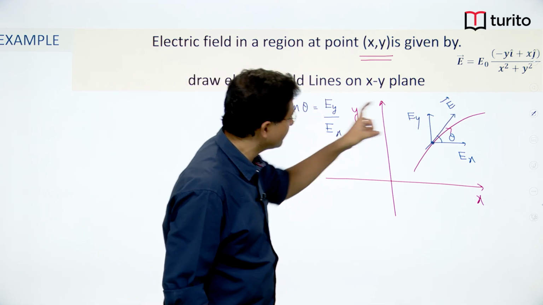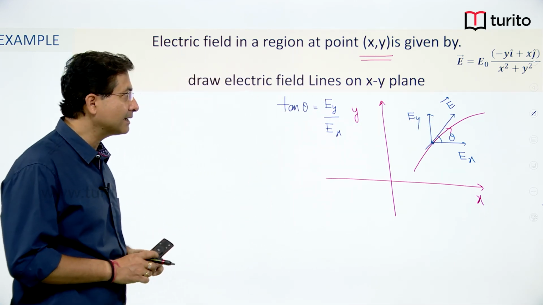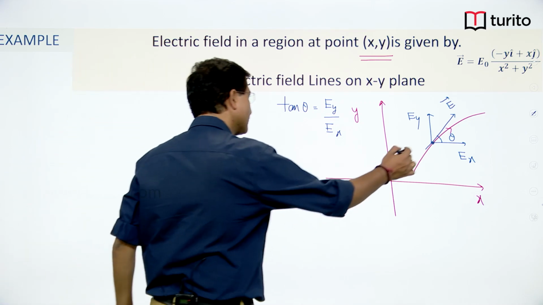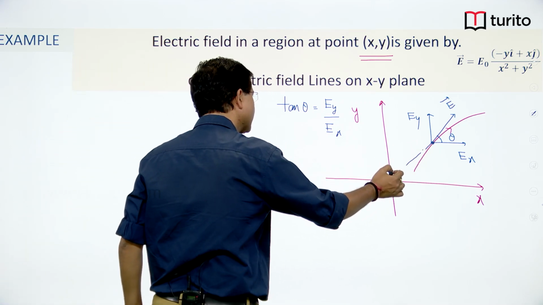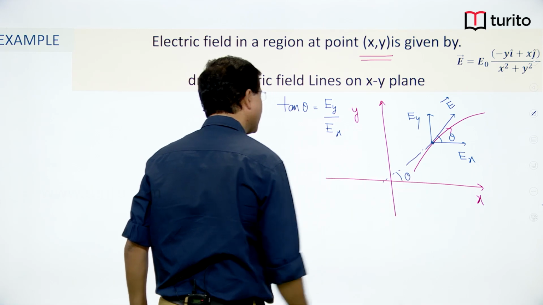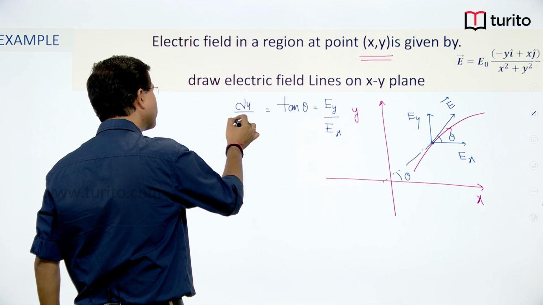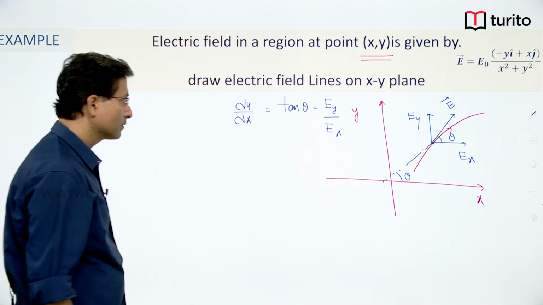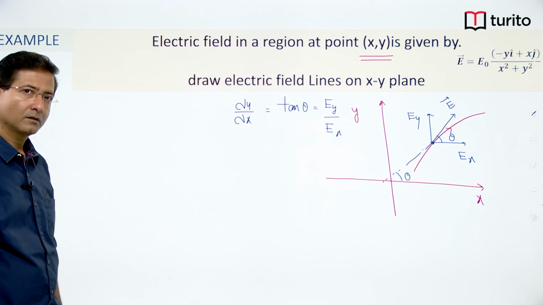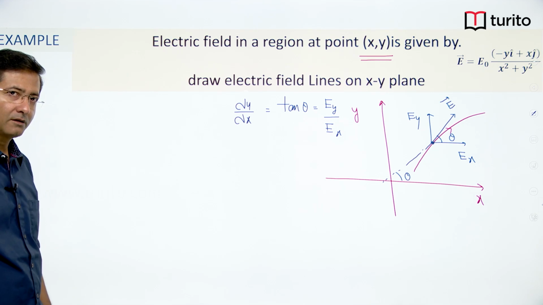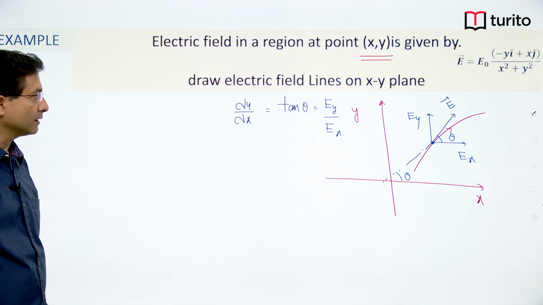Y divided by x will give you tan theta, and tan theta on the xy plane, if I extend this one, this angle is theta, is nothing but dy by dx, right.